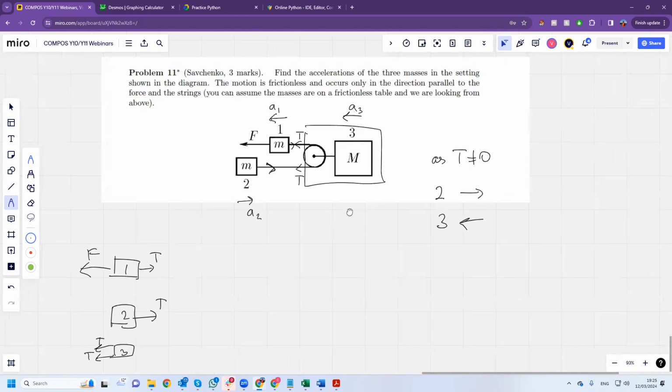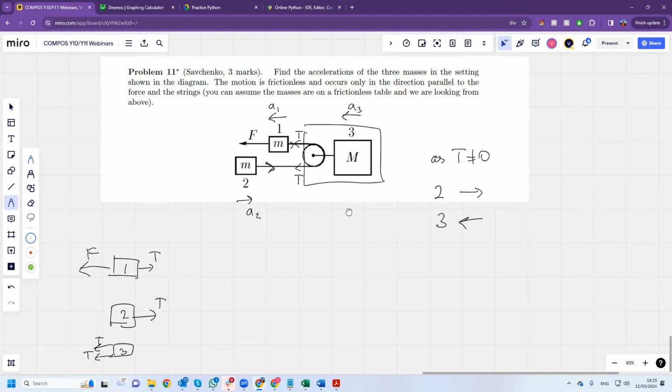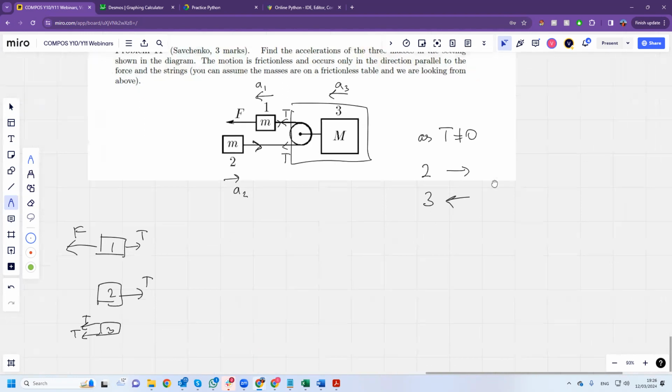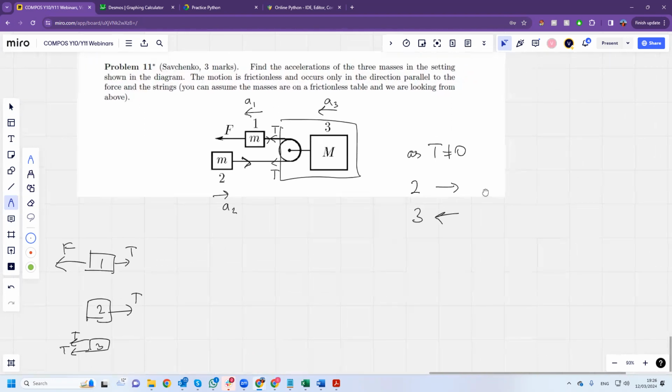It is one rope. But accelerations are not the same, no. They are linked, but they're not the same. Because this is not a stationary pulley, right? It is moving along with M3.